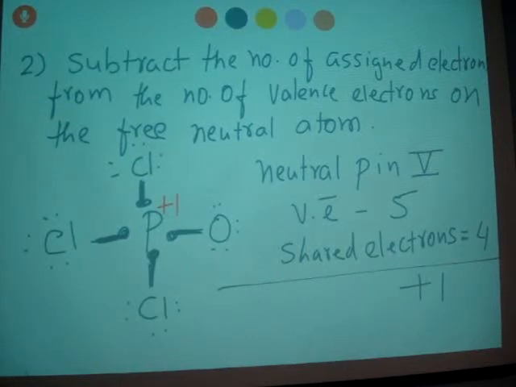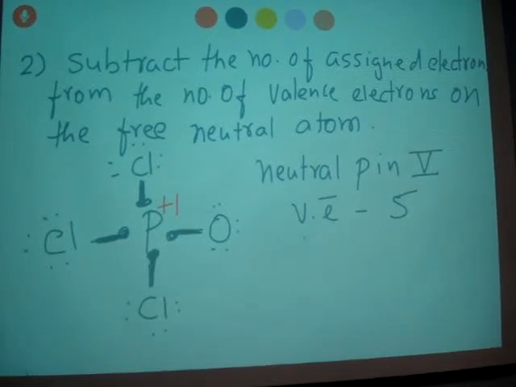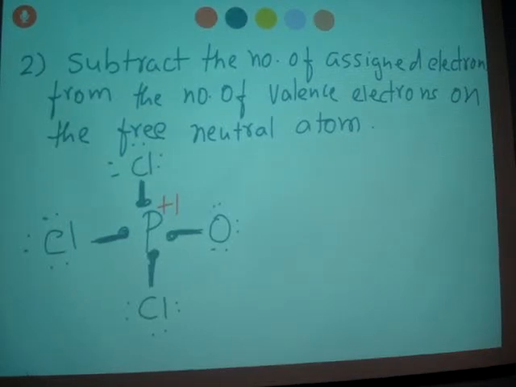Now let's talk about oxygen. Oxygen has 6 valence electrons in a neutral oxygen, minus the assigned electrons.